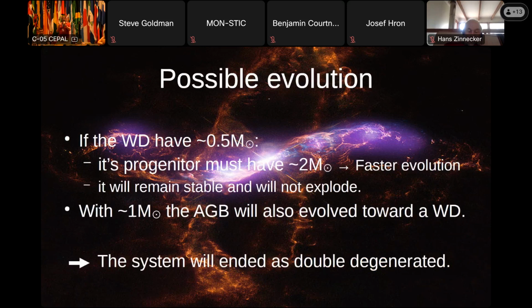It tells us also that it will not explode because it's too far from the Chandrasekhar limit, so it will remain as a white dwarf. And the AGB with a mass of 1 solar mass will evolve also to a white dwarf, and certainly at the end we will end with a double degenerate system.